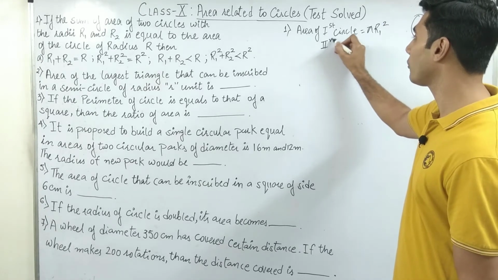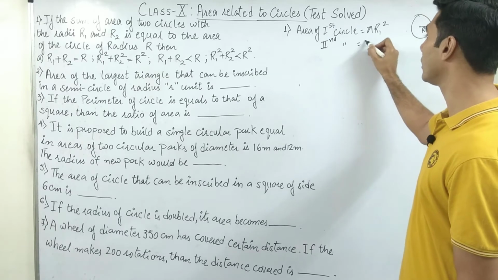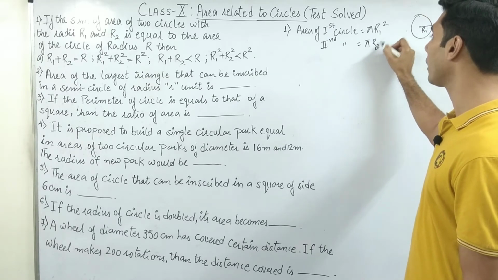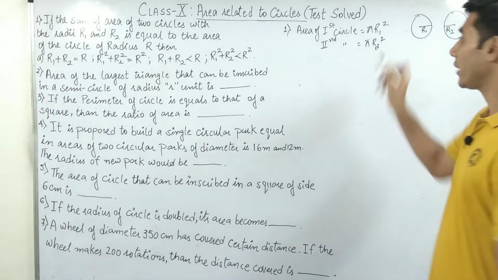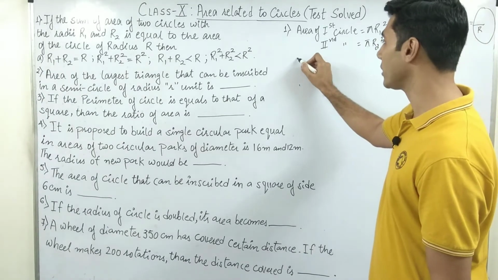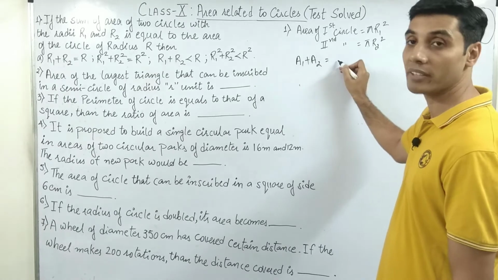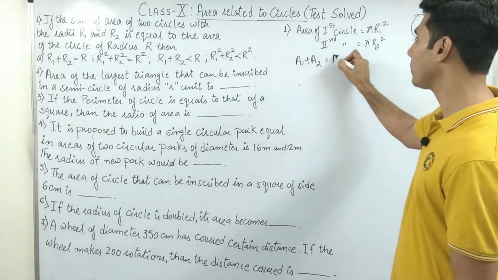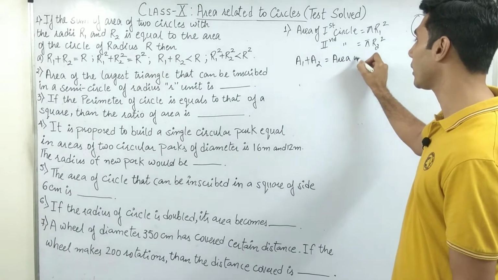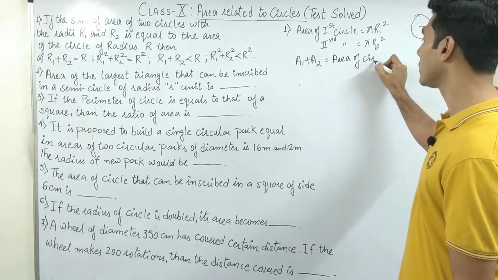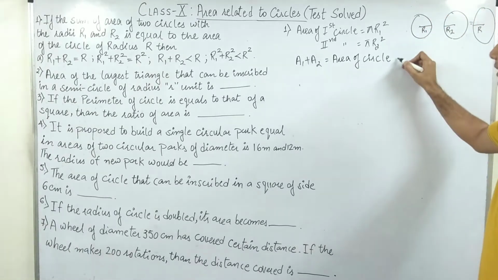Area of the second circle should be equal to pi r2 square. If I add up both of these, that is A1 plus A2, the area of the first circle plus the area of the second circle, that should be equal to the area of the circle with radius r.